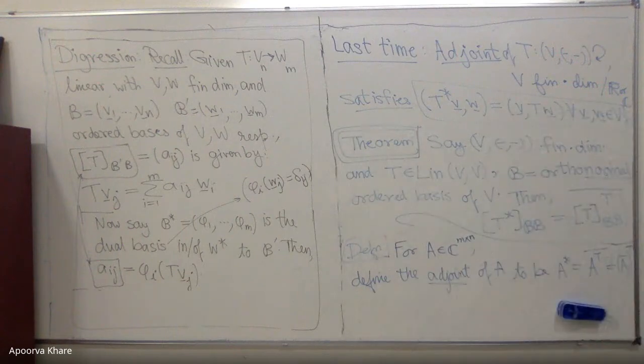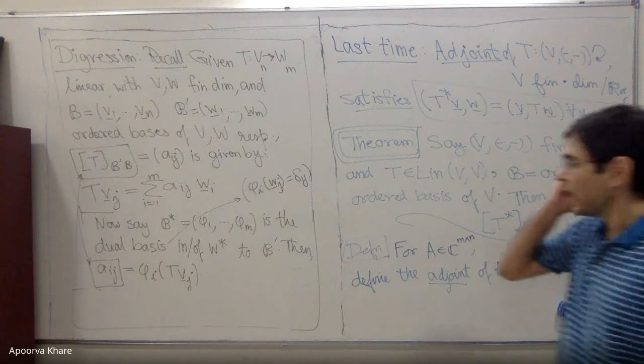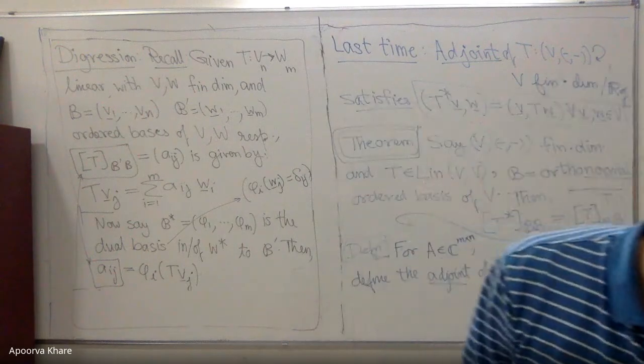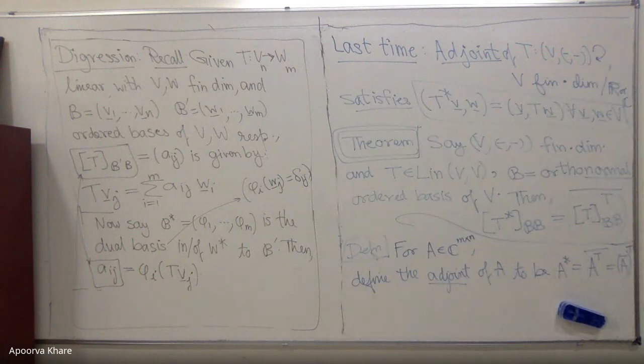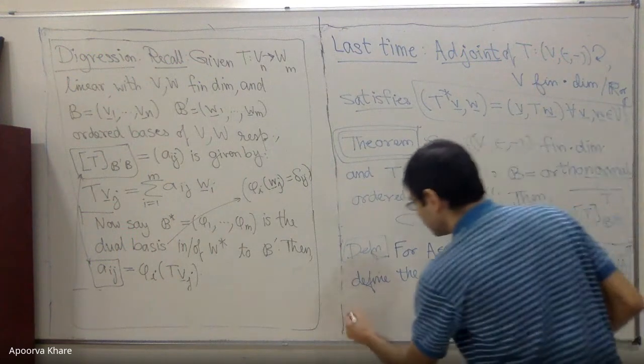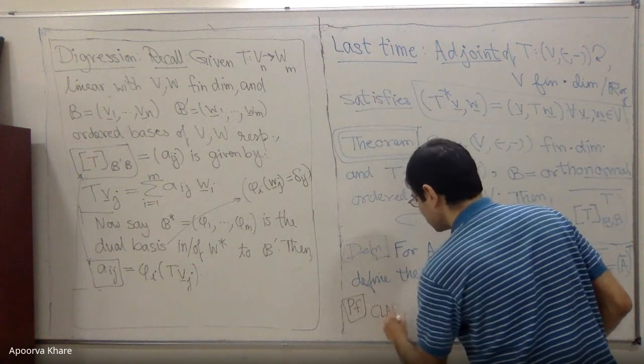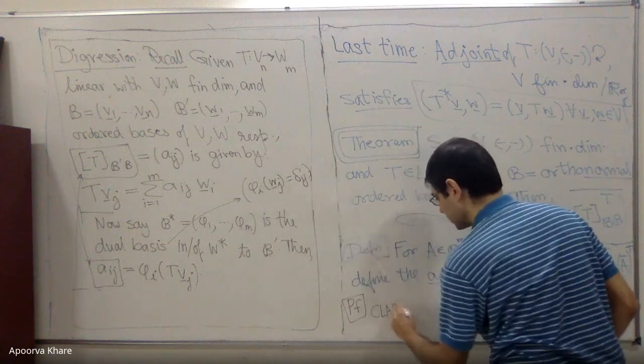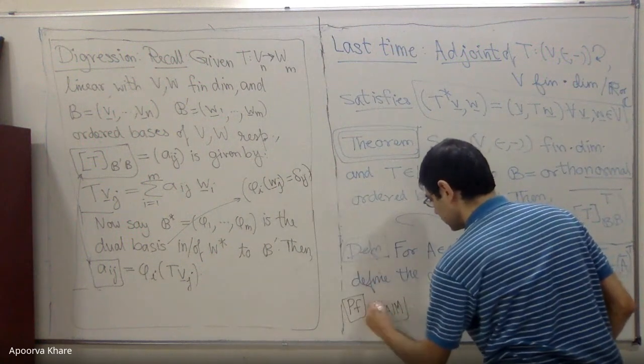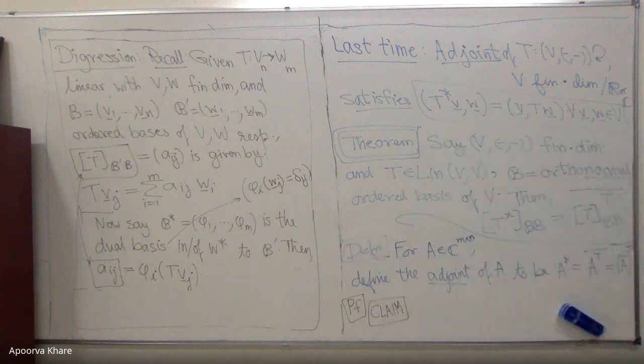So why is this theorem true? Okay, and to answer this, I want to understand first of all the proof of the theorem. We first make a claim, and this claim is what I'm trying to explain in this box here. Okay, the claim is the following, and I'm crucially going to use the fact that this ordered basis is orthonormal.